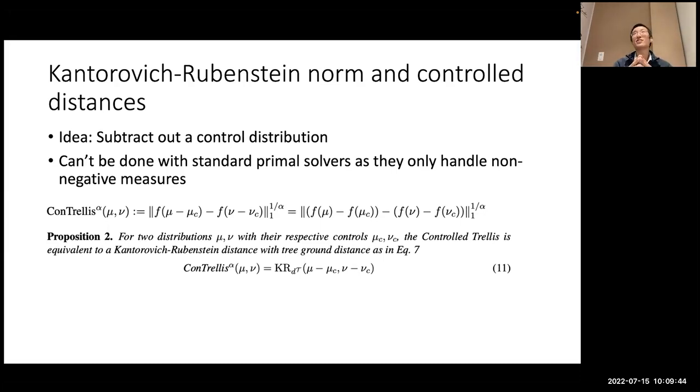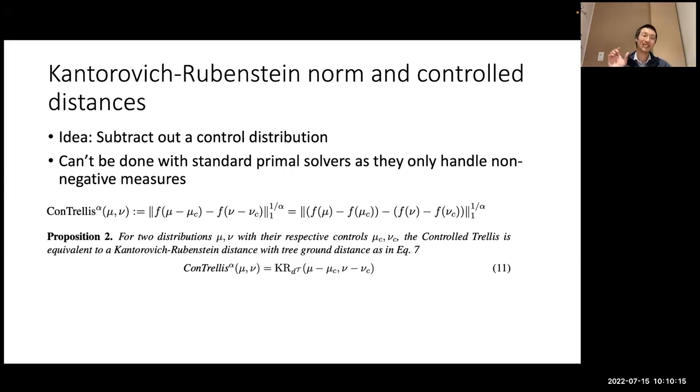And so this doesn't fit in the framework of earth mover's distance very well, right? Because in earth mover's distance, you have to have equal masses. But this would be zero mass because you're subtracting something with unit mass from something else with unit mass, so it's zero mass. So if you tried to plug these into the standard primal solvers, you would not be able to handle it, and you don't get a defined solution because they would basically say transport negative things.